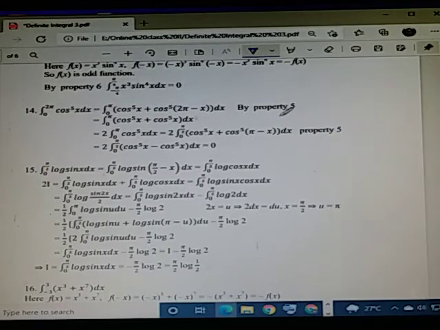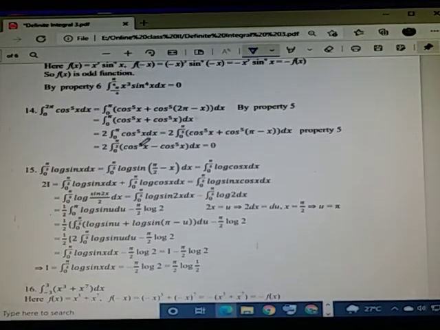This is property 5. Then cos to the power 5 of twice pi minus x is again cos x, it is in the fourth quadrant, so it is cos to the power 5 x. So this becomes 2 times this one. So I have got it.